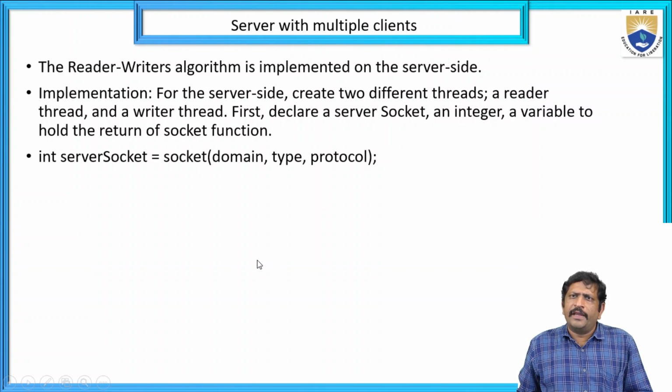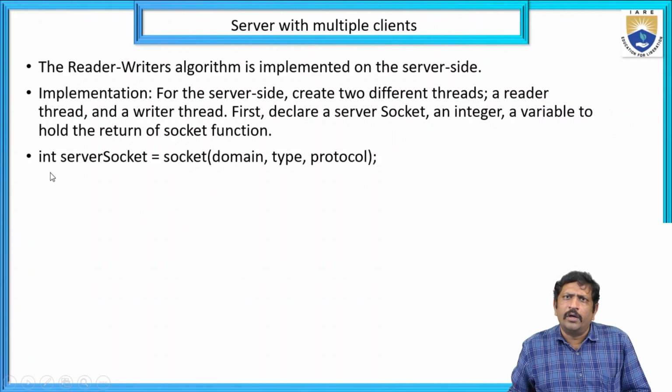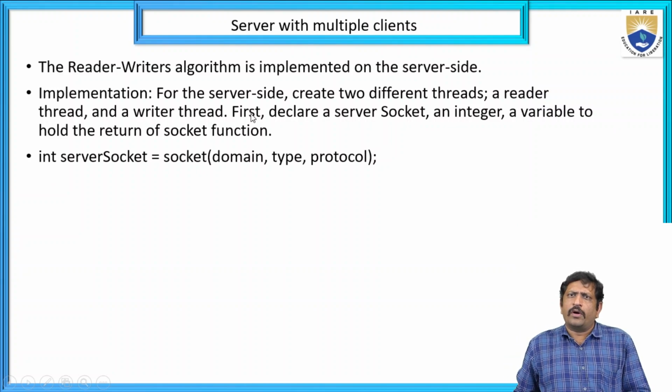First, declare the server socket as an integer variable to hold the return value of the socket function: int server_socket = socket(domain, type, protocol), where the protocol can be IPv4 or IPv6. These two protocols can be used.